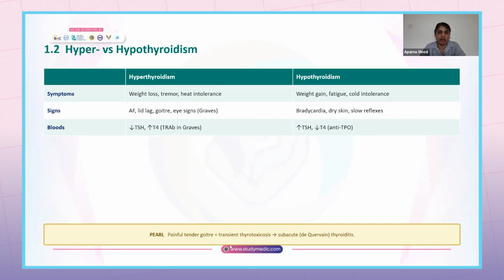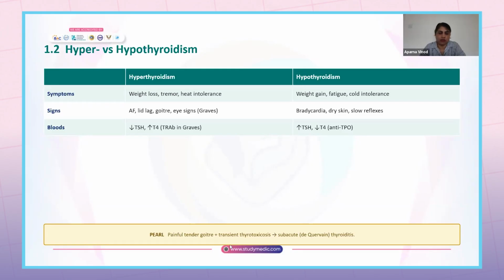Now, signs. In hyperthyroidism, if you are thinking about Graves' disease, you will have lid lag, atrial fibrillation, and goiter. All such things will be present in Graves' disease, whereas in hypothyroidism, you will have bradycardia, dry skin, and slow tendon reflexes.